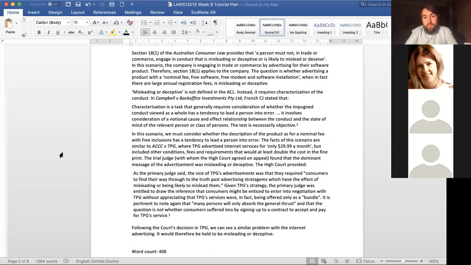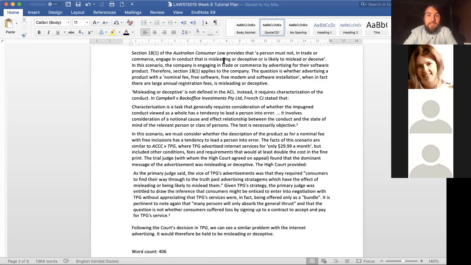So perhaps the emphasis isn't quite on the right things, and same with providing the direct quote of section 18. Yes, it's a block quote and it eats up a lot of words, but given that misleading or deceptive isn't actually defined in the Act, quoting the section doesn't put the emphasis on the right thing.